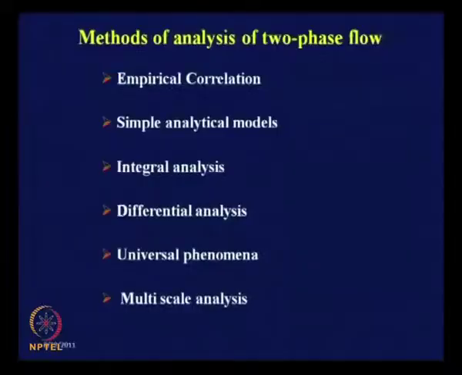Now, just like single phase flow, we would first like to discuss what are the different methods of analyzing two phase flow, and then depending upon the time available we will be taking one model after another. So, let us see the methods of analysis of two phase flow. Okay. So, just like single phase flow, when we do not understand anything of physics, we do not know what to do, what we do, we go for empirical correlations.